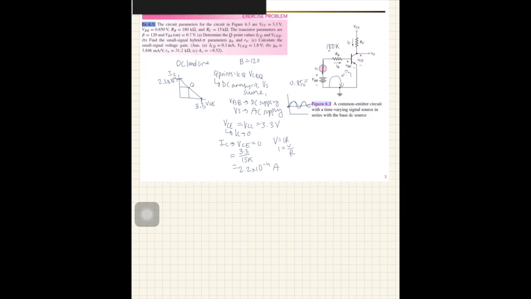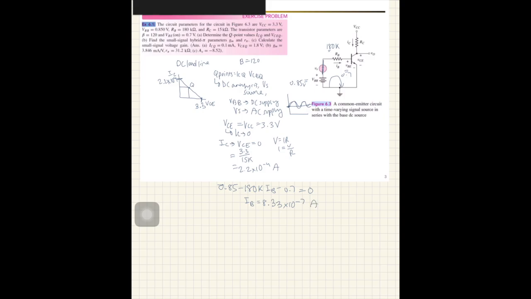KVL would give us 0.85 minus 180K times IB plus 0.7 minus 0.7 equals 0. So let's find what IB is. 0.85 minus 0.7. IB ends up being 8.33 times 10 to the negative 7 amps.